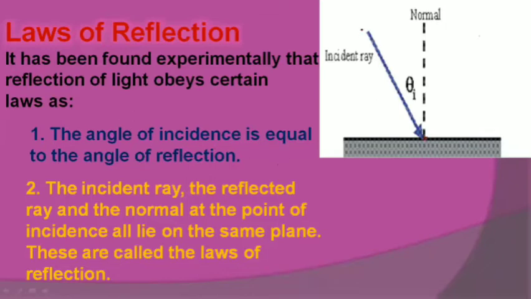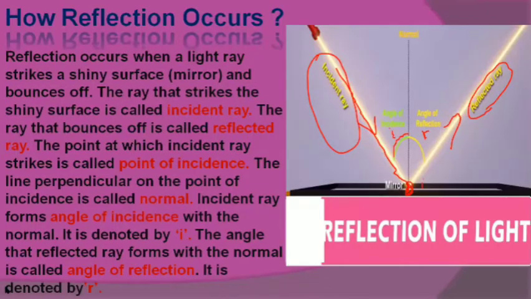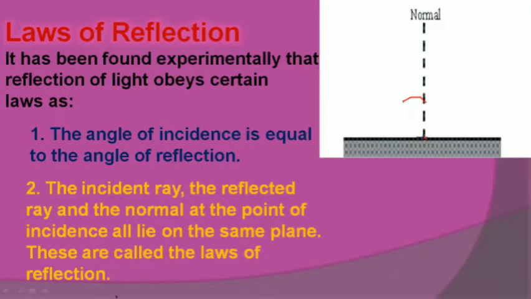If you see, this is the incident ray. It forms the angle of incidence here, which is not theta, but represents the angle i, the angle of incidence.